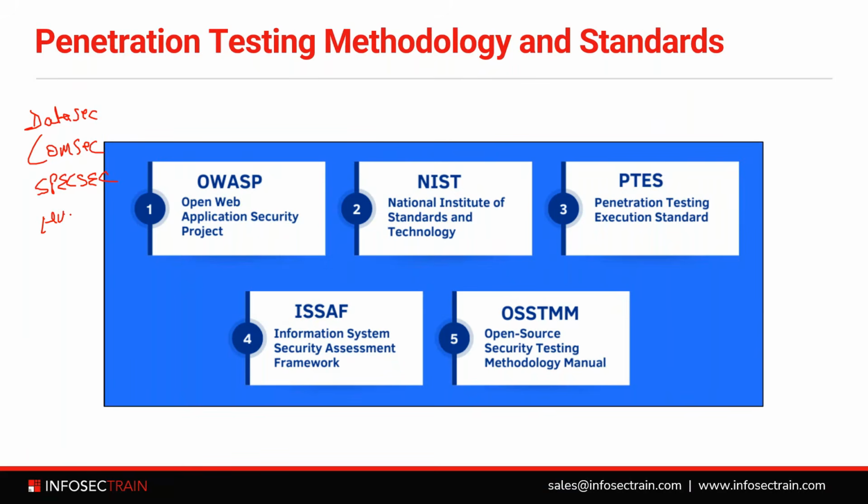Then HUMSEC, human security, social engineering, insider threats, and personal awareness. And PhysSec, right? That is for physical security, access control, surveillance, physical barriers, right? So these are the five channels. So each channel include specific test modules and metrics to evaluate visibility.